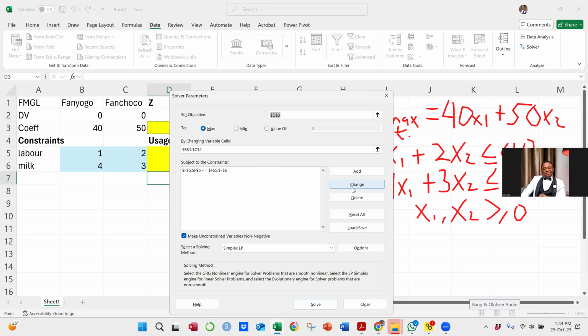When you clicked on the usage, it references you to B5 and C5. Because you asked us to copy, mine references me back to B2 and C2. So what have you tried to solve?